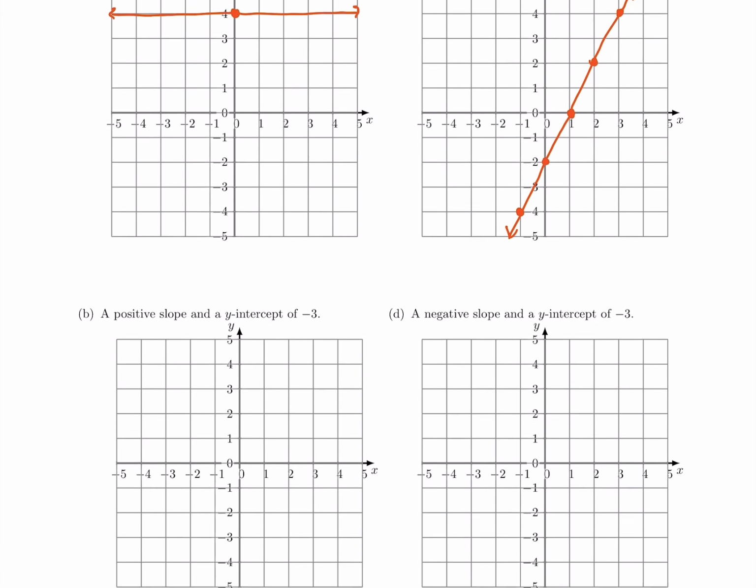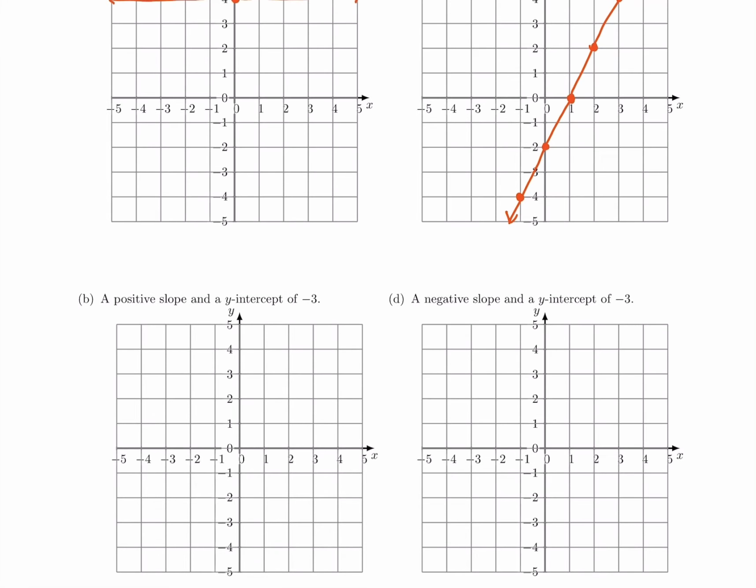If we keep going through these examples, we want to draw something with a positive slope. That means it's rising left to right. And a y-intercept of -3. So that is our starting point. When x is 0, y is -3. And then we can draw any positive slope that we want to.